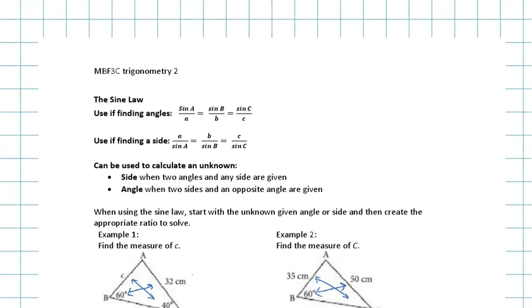I use sine A over A, sine B over B, sine C over C when I'm finding angles, because it's easier for me to isolate at the end. And I use the other one when I'm looking for a side.